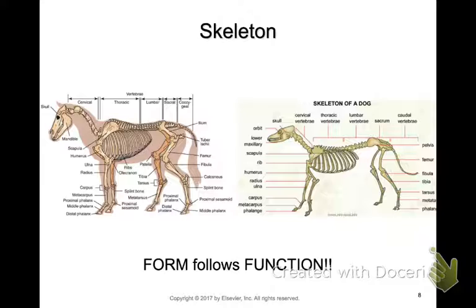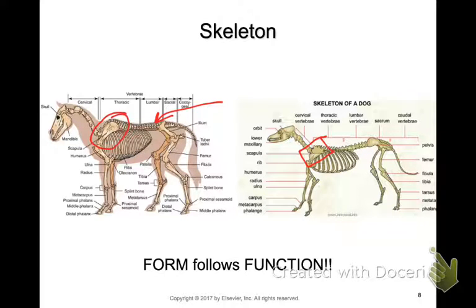And here are two skeletons to compare, a horse versus a dog. Very similar, but you can see some differences. In the horse, we have some more substantial vertebrae, much thicker for the weight bearing of the larger animal, as well as a larger shoulder blade, or scapula, versus the dog.